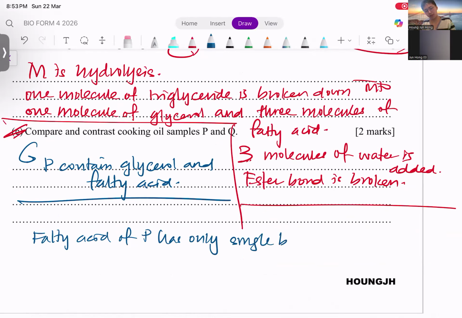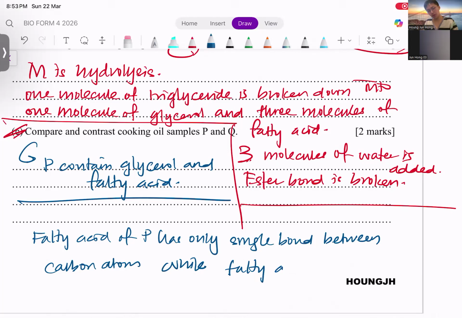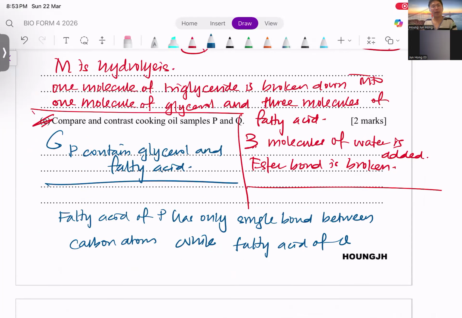Remember, fatty acid of P has only single bond between carbon atoms. Meanwhile, fatty acid of Q, because it is unsaturated, you still have space. That means you have double bond. You will have double bond between carbon.